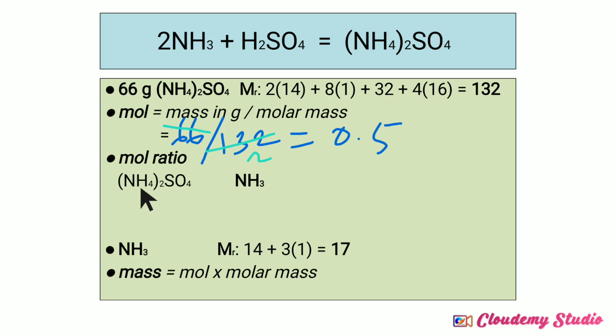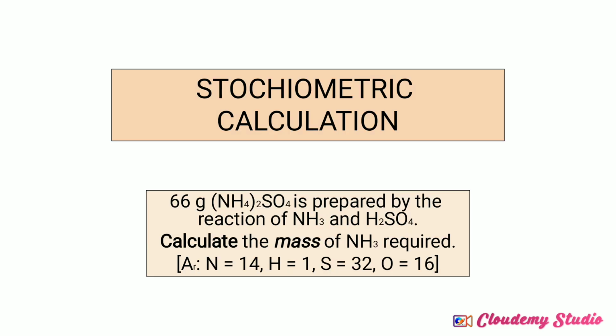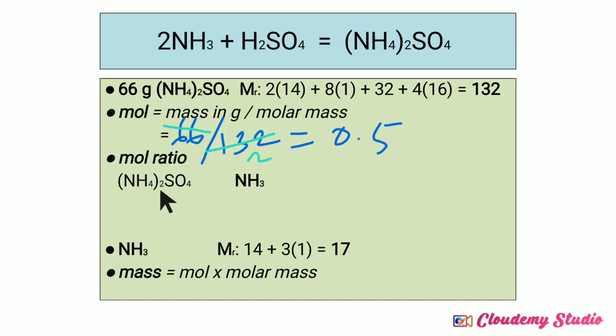The final question is the mass of ammonia. So one substance is the given amount, ammonium sulphate, and the other is the substance to be found, ammonia. Therefore, we are comparing the mole ratio of ammonium sulphate and ammonia.